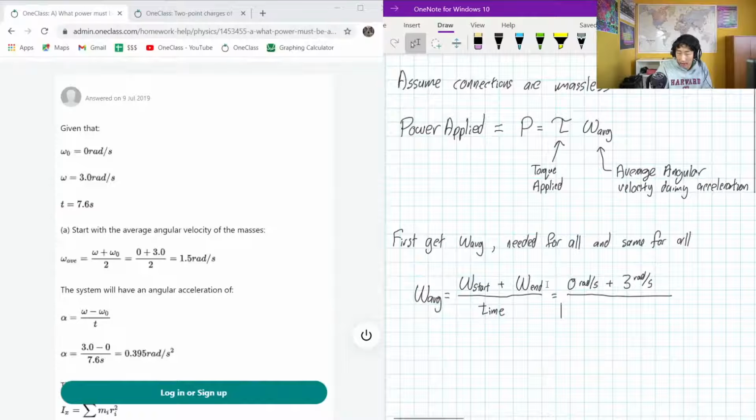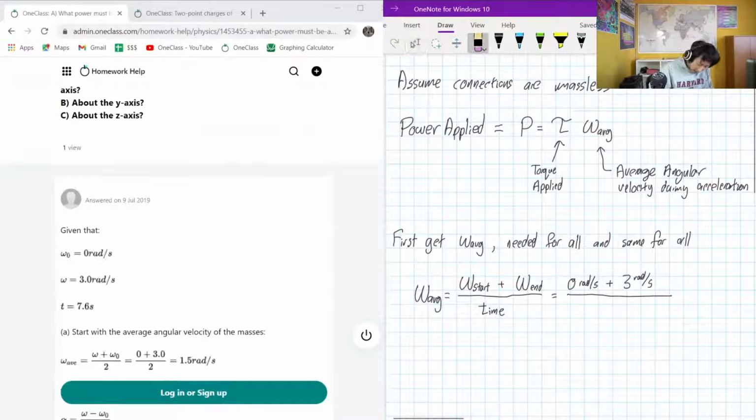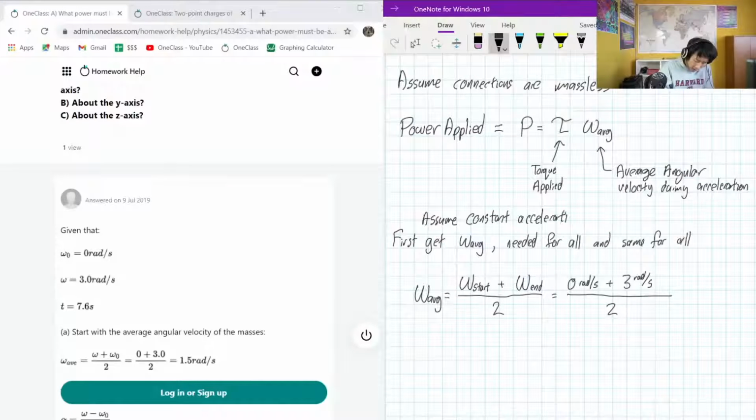All divided by how many seconds? It's not how many seconds. I'm tripping. That's not it. This is divided by 2, right? My bad, I was thinking about acceleration over there. It's because we're going to assume that it's a constant acceleration.